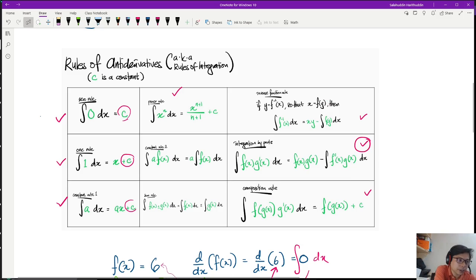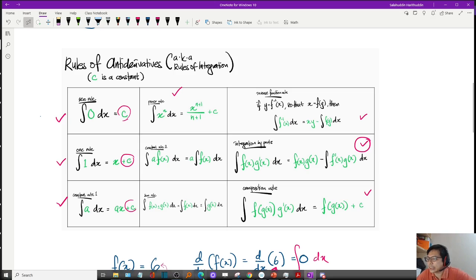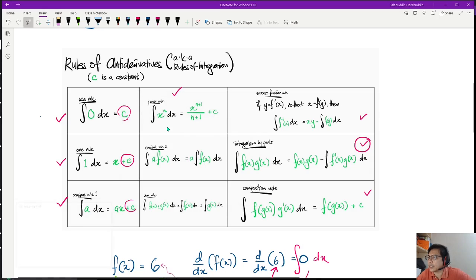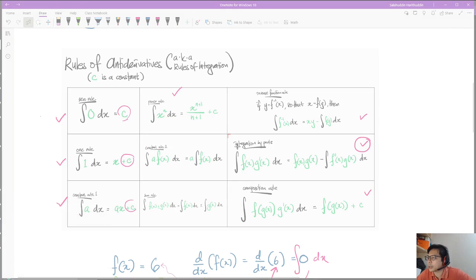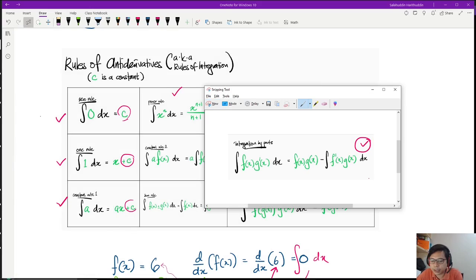You're going to see a lot of this in exam questions. Usually questions really like to ask you these types of questions because I think it's testing your technique of integration, whether you understand what you're doing or not.